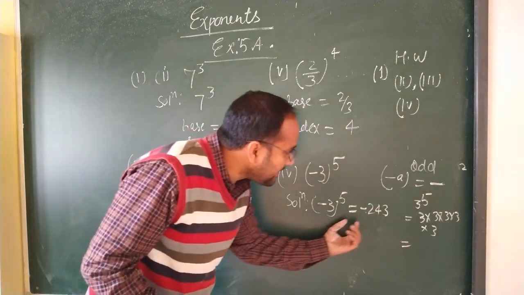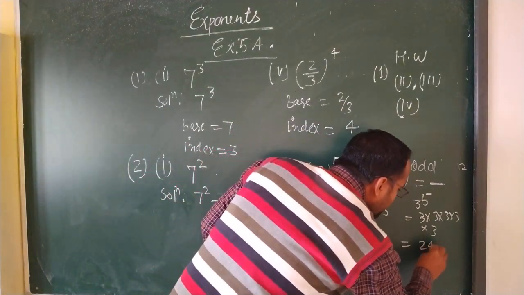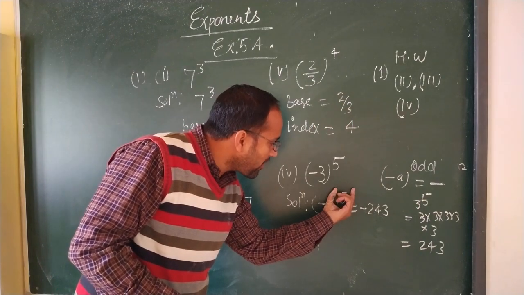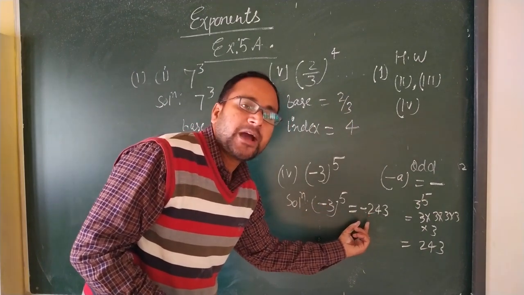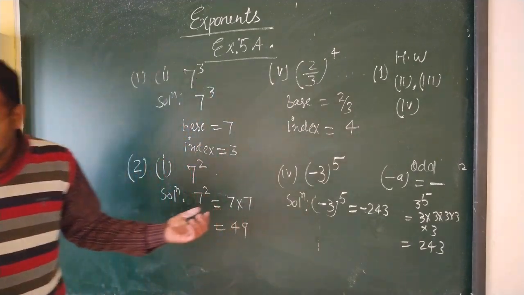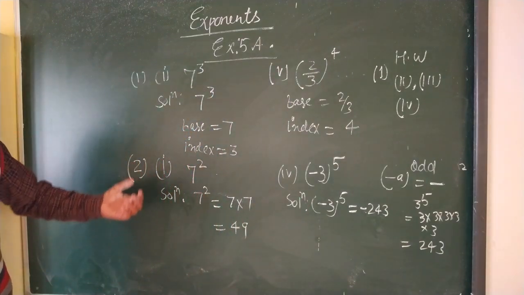So directly, if you want, you can find the positive value of this one, because the base is negative and the power is odd, then you will get negative. So minus 243. Okay students, same as it is, you will try this question number 5th.